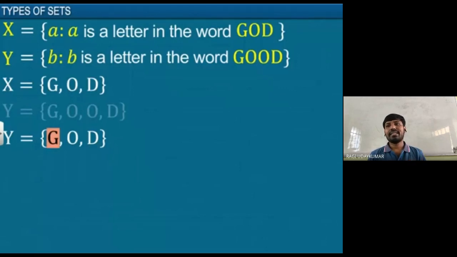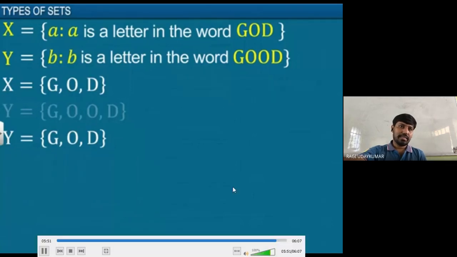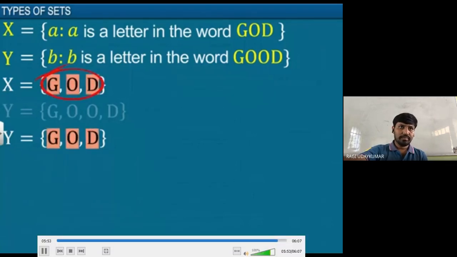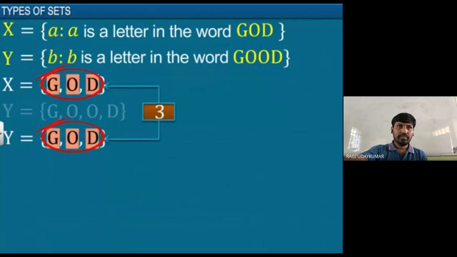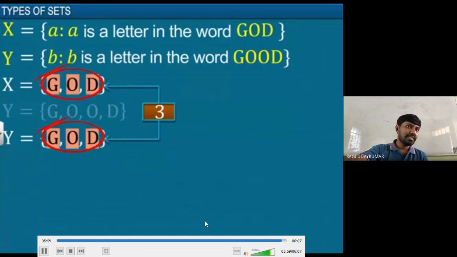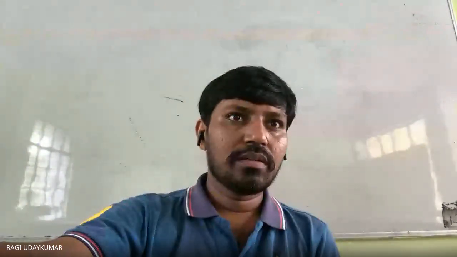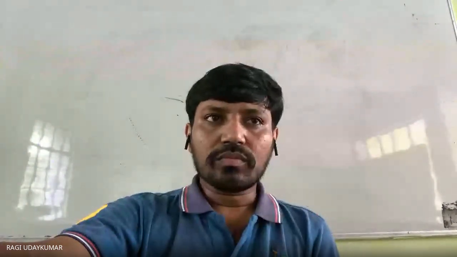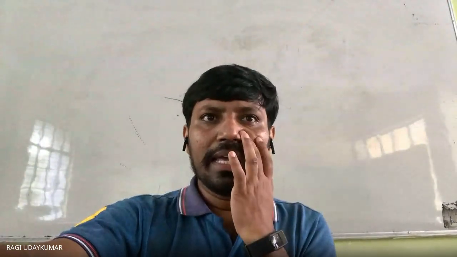Although we are representing them in different ways, they have the same number of elements and the same elements. That's why we call them equal sets.